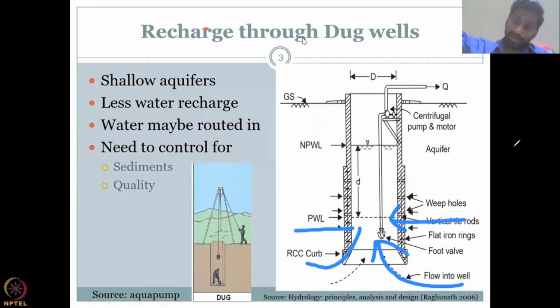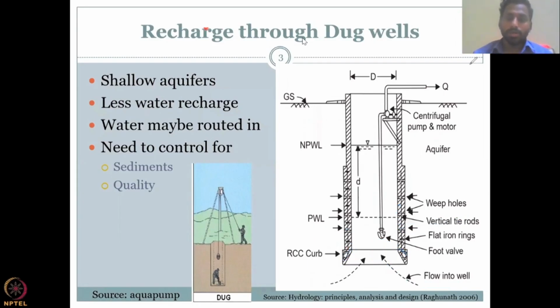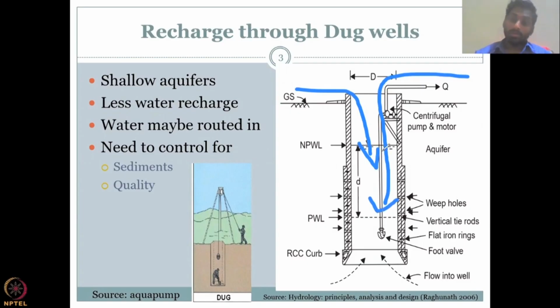Now we want to recharge groundwater, not the well, but push water into the ground. So how does that happen? You're going to take water on the top, then put it into the well. Okay. And slowly, the water level in the well is at a higher position compared to the lower initial water level, so water would flow from high potential to low potential.